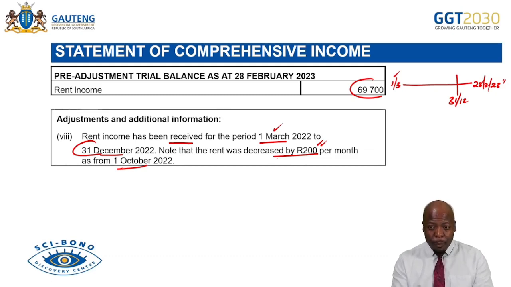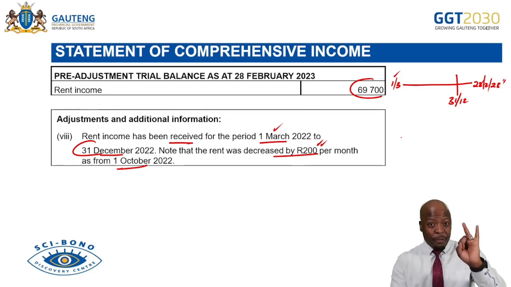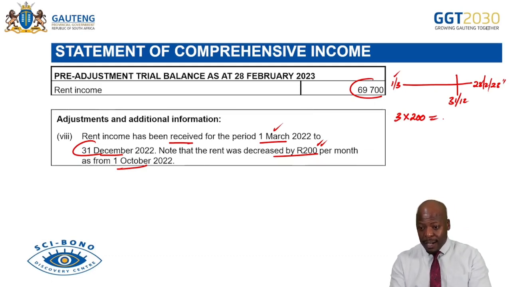So we know we have received rent with a decrease from October, November, and December. For these 3 months, rent has decreased by 200. That simply means, in total, the decrease on this rent is 600.